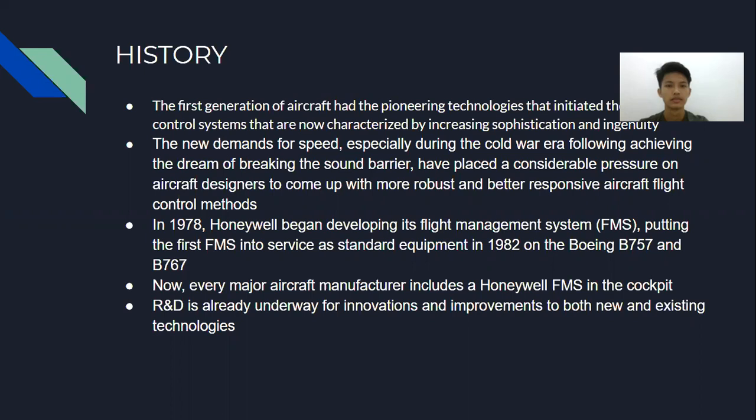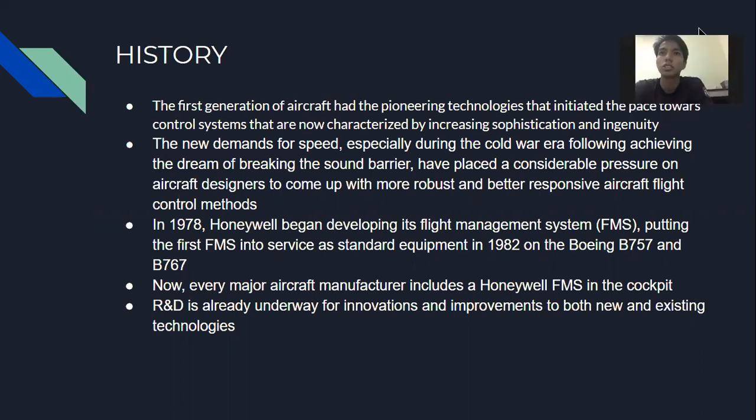For flight control and management history, for flight control, aircraft control systems have evolved exponentially within the last 100 years. The first generation of aircraft held the pioneering technologies that initiated the pace towards control systems that are now characterized by increasing sophistication and ingenuity.